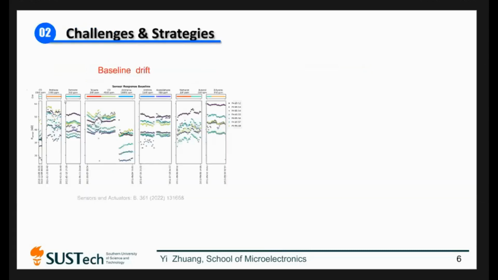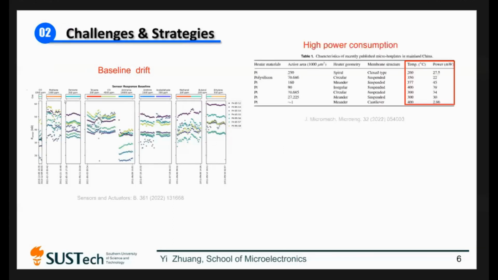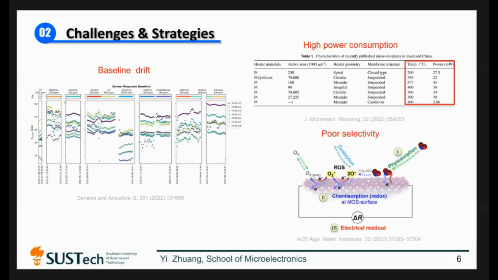For example, over time, the baseline of the gas sensor drifts, leading to a decrease in gas sensing accuracy. Gas sensing materials need to operate at high temperature, resulting in high power consumption. During the gas sensing process, oxygen molecules are absorbed onto the sensor surface and get ionized by capturing electrons near the semiconductor surface.